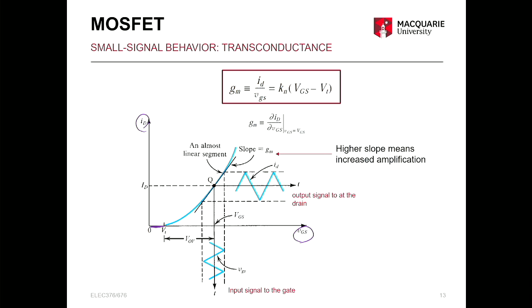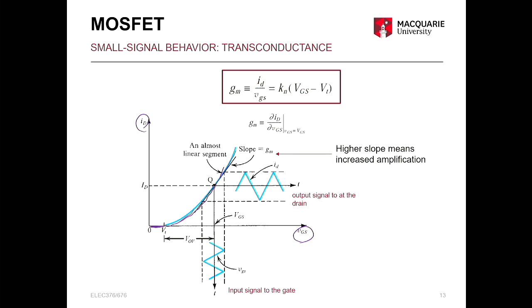So there is no channel formed, no current flows. Once it crosses the VT, there is a square increase in the ID, because ID is a square function of VGS.